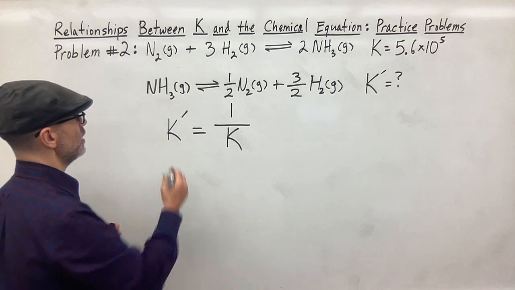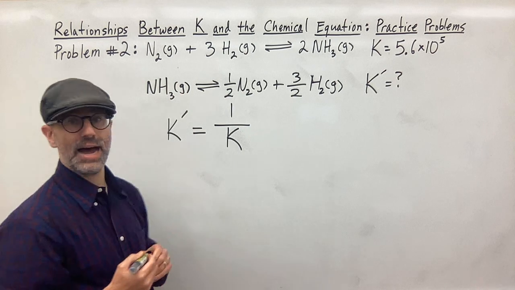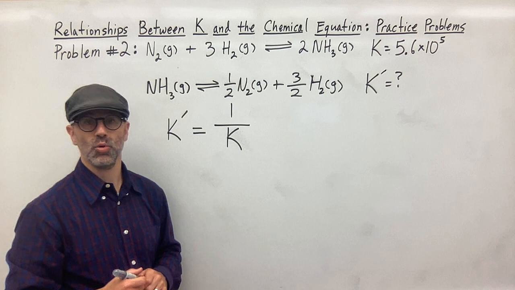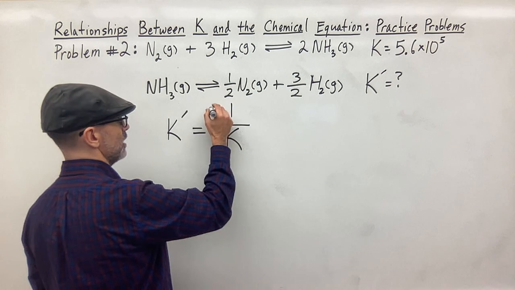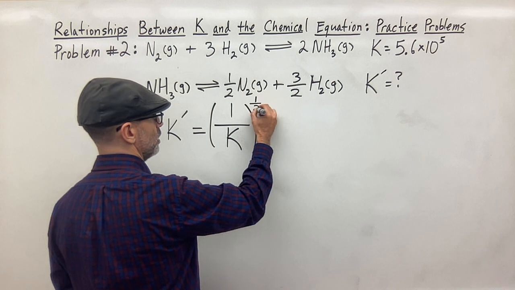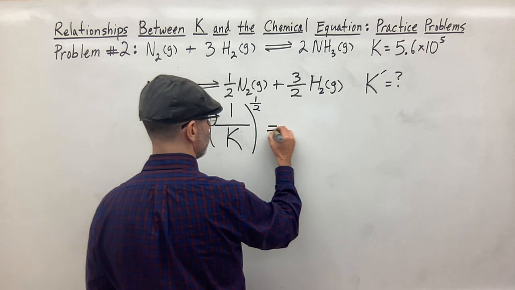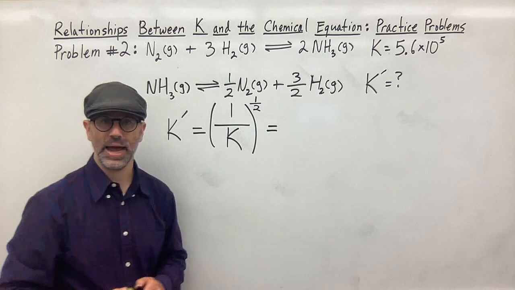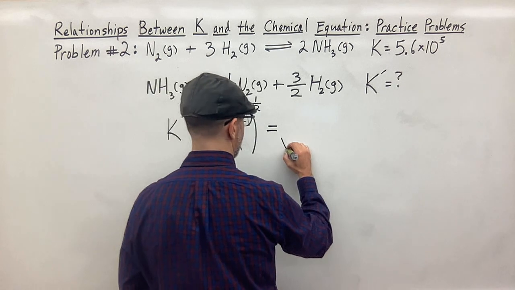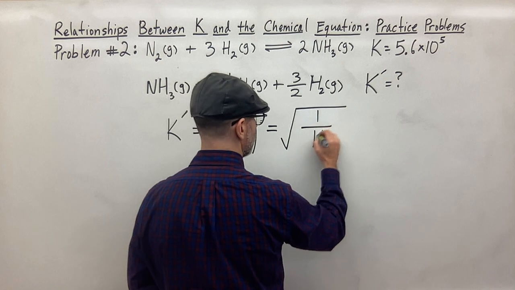If I multiply this equation by 1/2, then I have to raise the K expression also to 1/2. So this whole thing is raised to the power of 1/2, which is the same as taking the square root. So I am taking the square root of 1 over K.